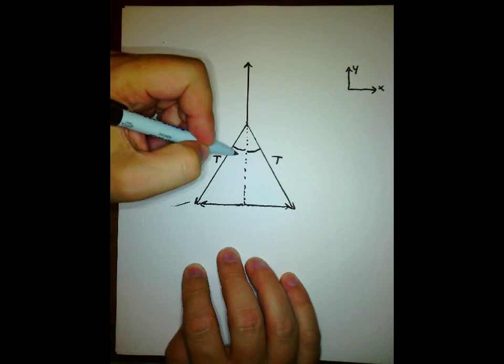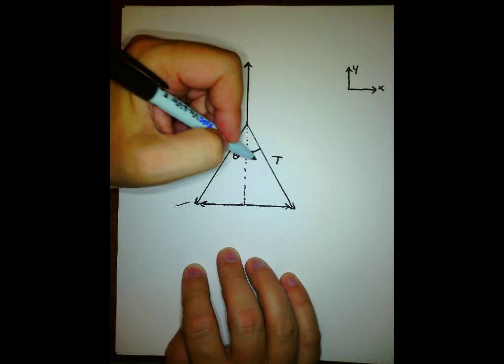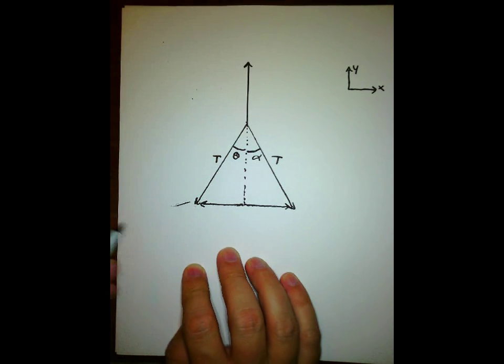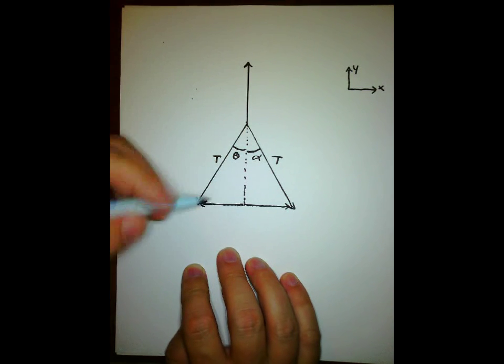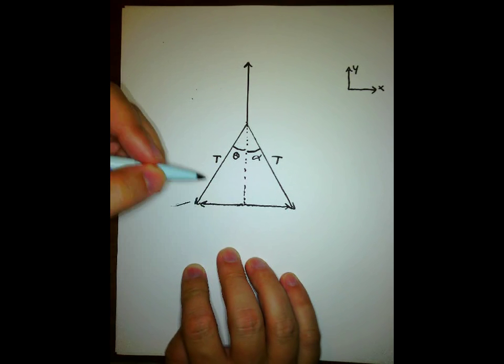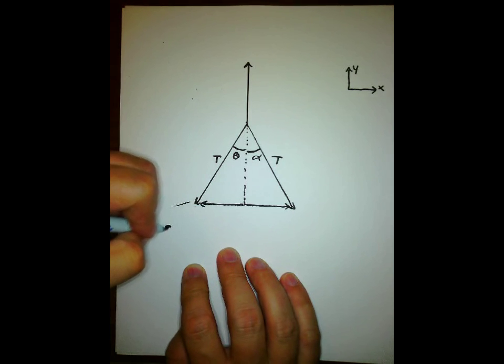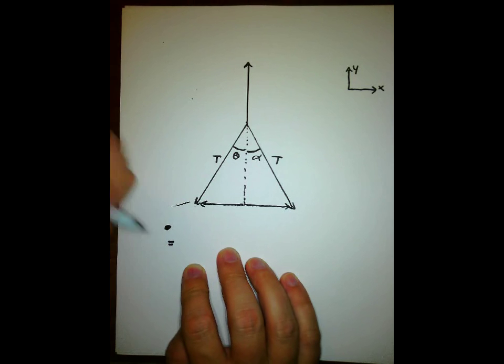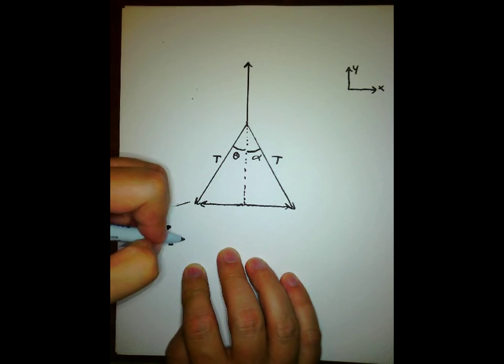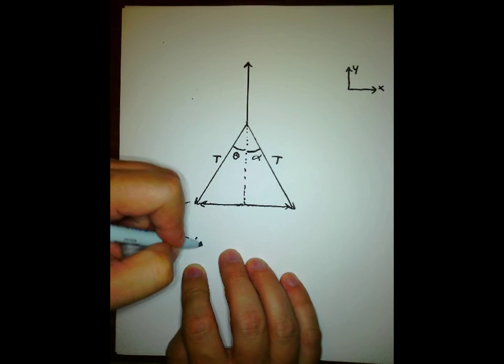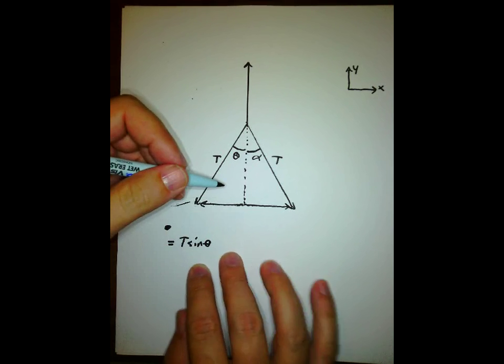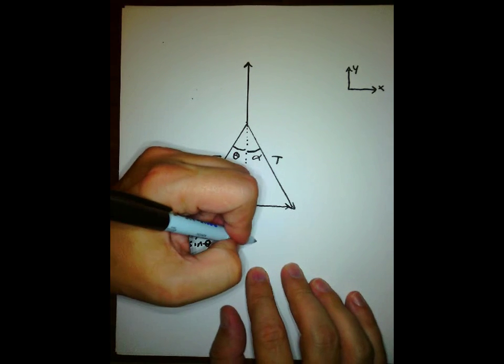So let's call this theta and this one alpha. Alright, so this vector is going to be equal to T sine theta.